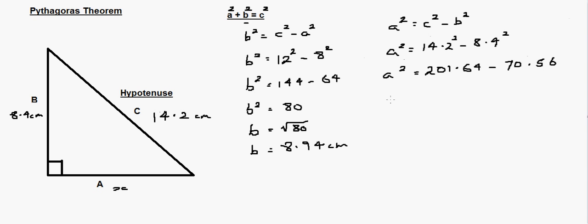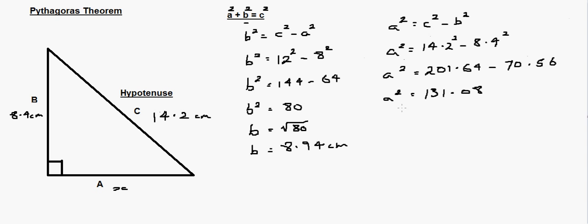Okay, so A squared will equal, now I've got to subtract one from the other, so 201.64 minus 70.56 gives me 131.08.